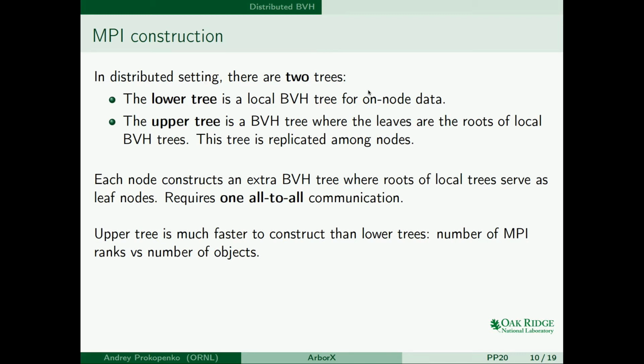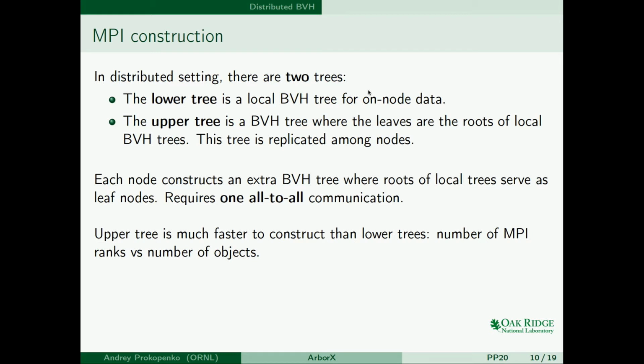Right now, the upper tree is also a BVH tree, but it doesn't have to be. We are investigating other trees for performance, because the difference between the bottom tree and the upper tree is the size of the tree. The bottom tree is based on the number of objects that the user provided, while the upper tree is limited by the number of ranks you run your code on.